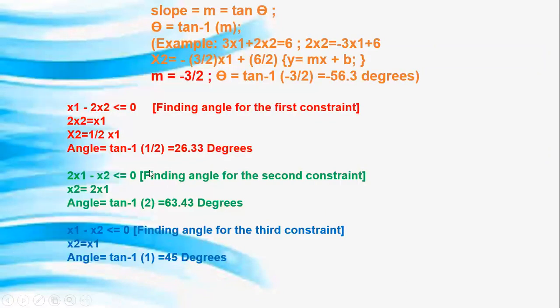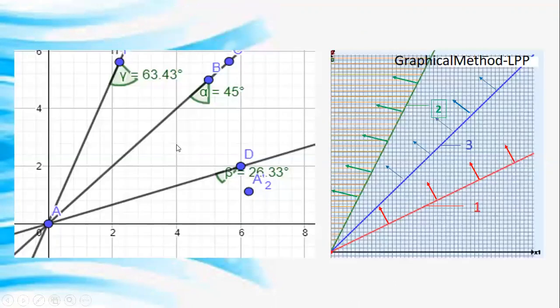Applying it in this equation, 8 minus 2 into 2, that is 8 minus 4, which is equal to 4. Is 4 less than or equal to 0? No, it doesn't satisfy. So the arrow mark will be away from the origin. Similarly, for the other two equations also, it is away from the origin.